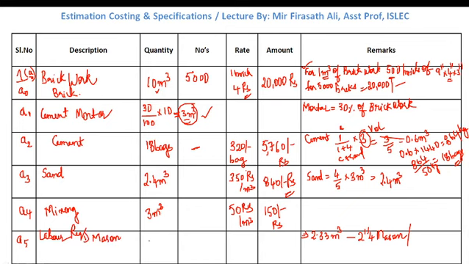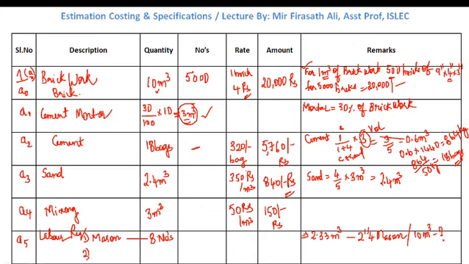Our quantity of brickwork is 10 meter cube. If you cross multiply, you will get the value as 8. So we require about 8 masons.